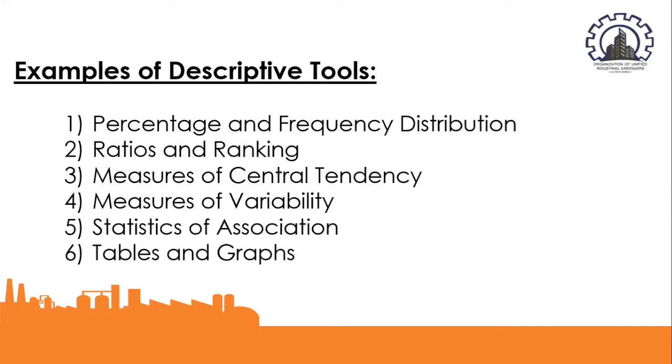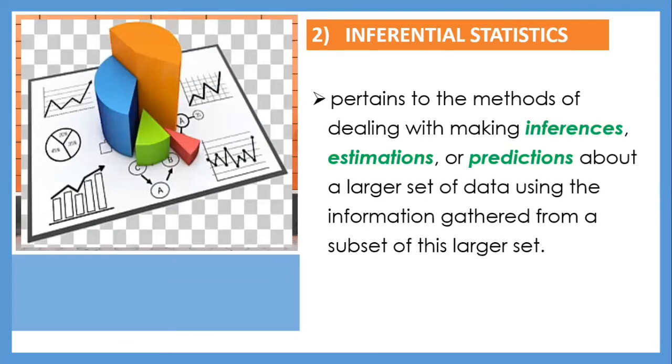On the other hand, if we say inferential statistics, it pertains to the methods of dealing with making inferences, estimations, or predictions about a larger set of data using the information gathered from a subset of this larger set.